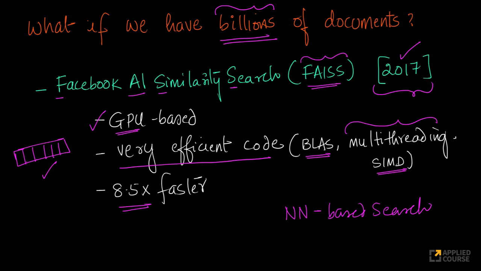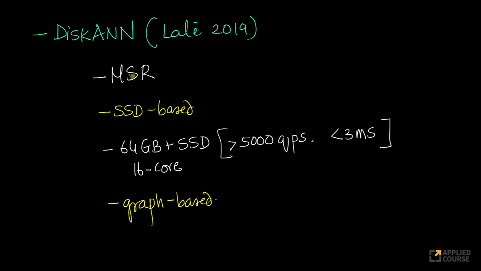A much more recent innovation here is from Microsoft Research, and this paper is called DiskANN, Approximate Nearest Neighbors. This paper is from the NeurIPS conference from late 2019. In this paper, Microsoft Research scientists along with university collaborators have shown that if you use a solid state drive based system with about 64 GB of RAM, a solid state drive and 16 cores, this is just one system.